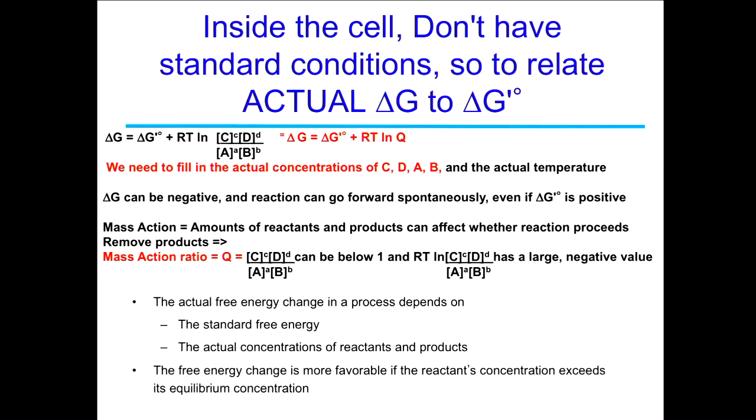But what we can do in the cell, sometimes because we have these different concentrations of molecules, is have something occurring spontaneously, even if that standard free energy change might suggest it doesn't go spontaneously, right? So we call this the mass action. The amounts of the reactants and products can affect whether or not the reaction proceeds.